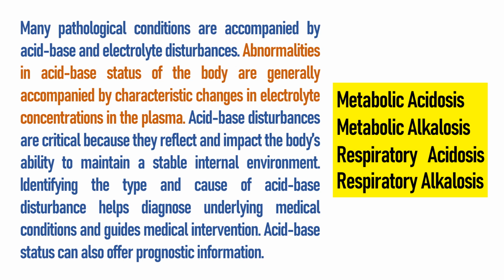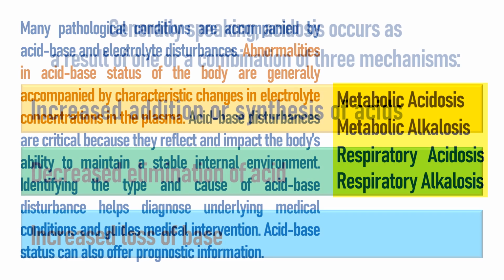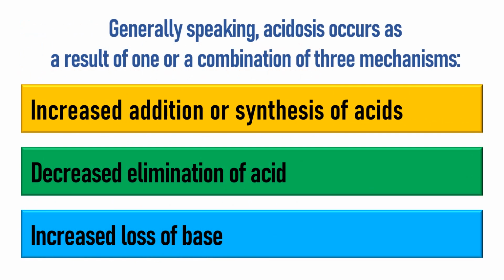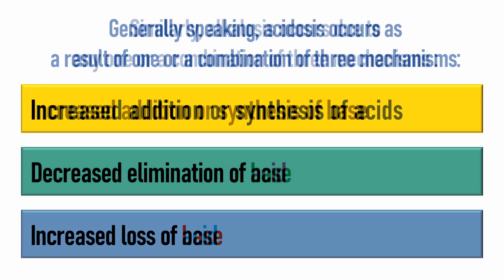The main categories of disorders related to acid-base homeostasis include metabolic acidosis, metabolic alkalosis, respiratory acidosis, and respiratory alkalosis. Generally speaking, acidosis occurs as a result of one or a combination of three mechanisms: increased addition into the body system or endogenous synthesis of acid, decreased elimination of acid, and increased loss of base.